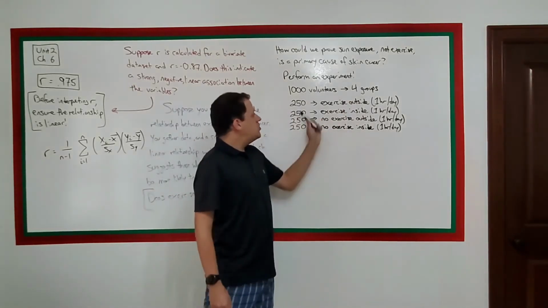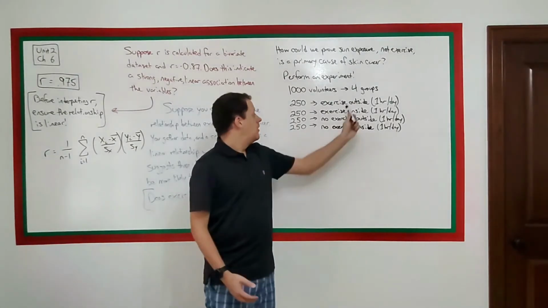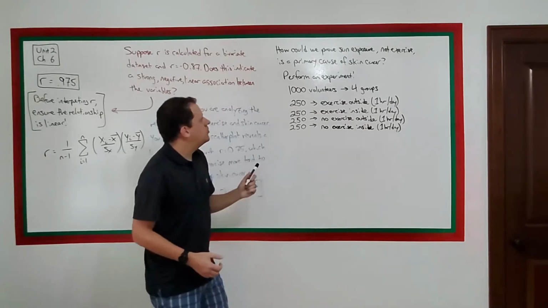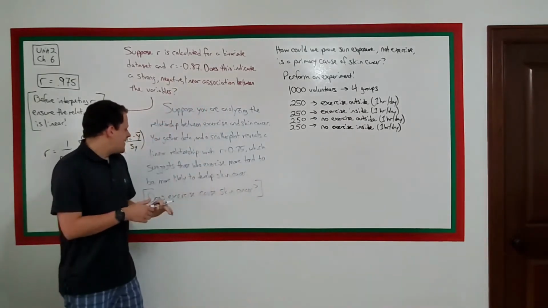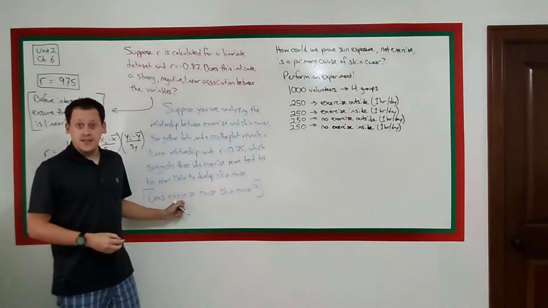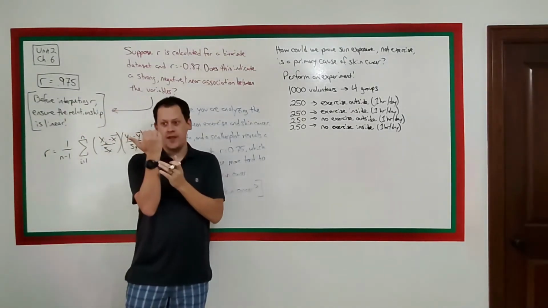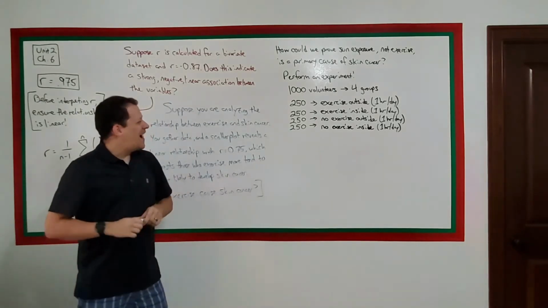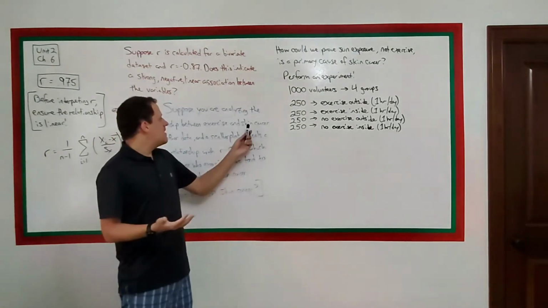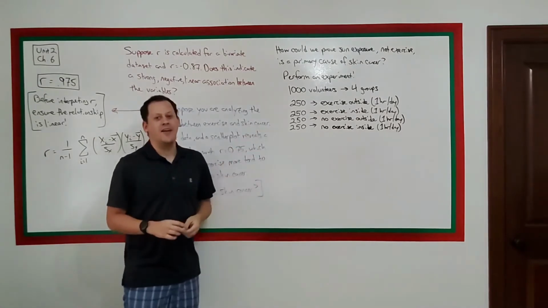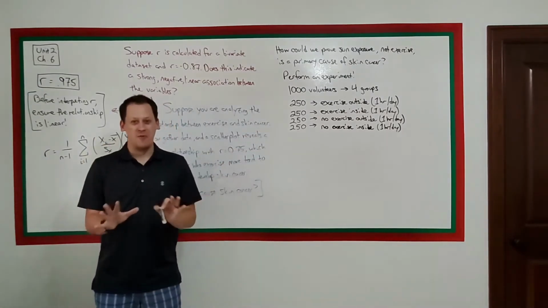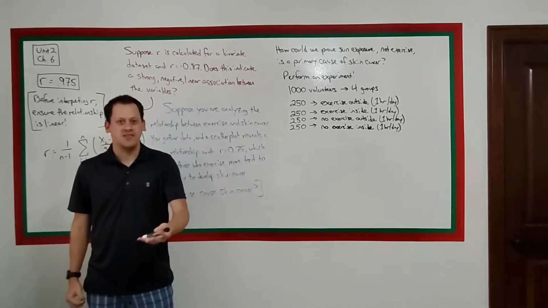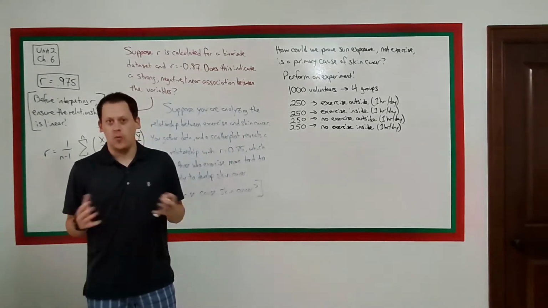So we could gather data from all of these people and we could measure how much exercise they did, how many calories they burned. You could get that from a Fitbit or something like that. And you could, I'm not sure how they measure this, but there is a way for people to measure something about whether you have skin cancer or whether you're at risk for it or whatever.